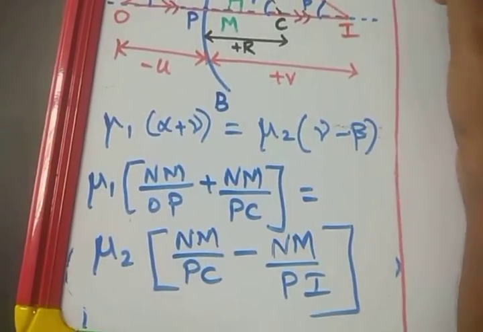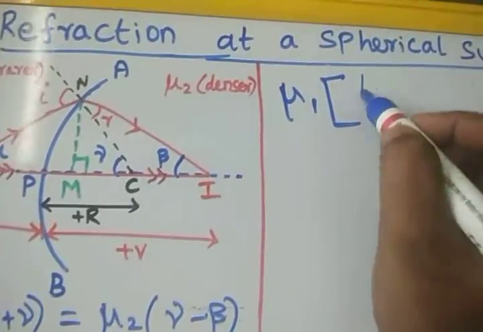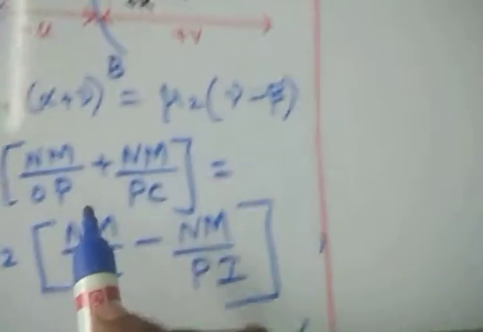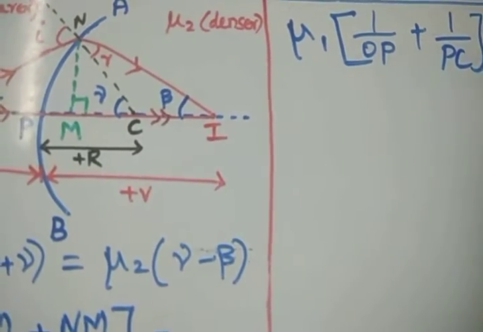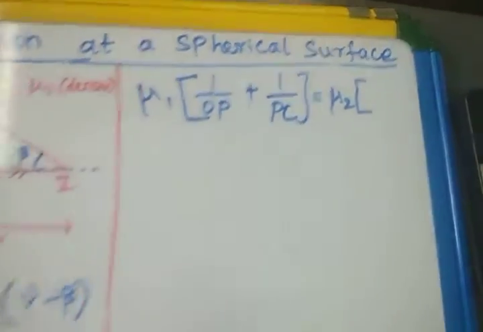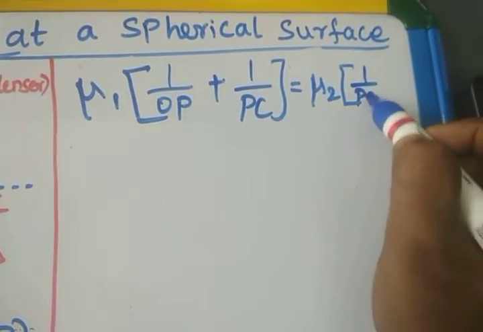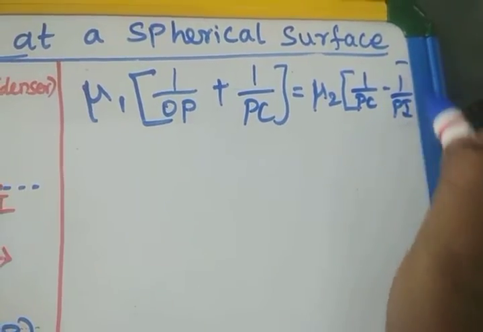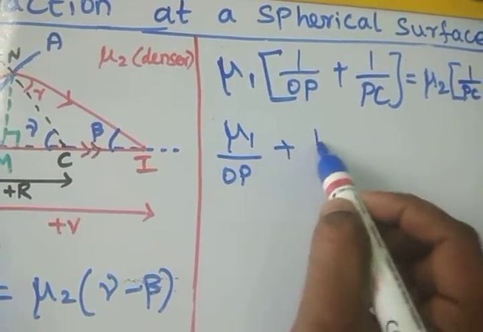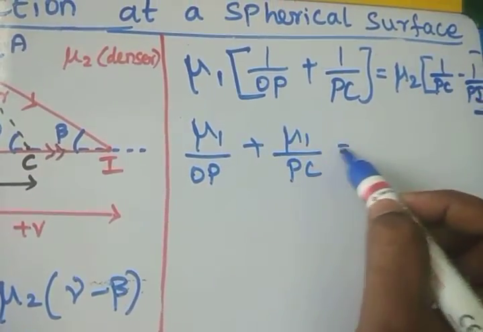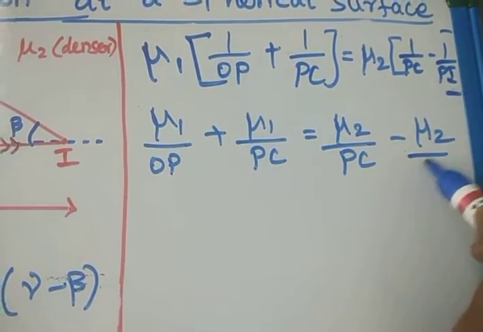So we can write mu1 into 1 by OP plus 1 by PC, which is equal to mu2 into 1 by PC minus 1 by Pi. Now you substitute this one: mu1 by OP plus mu1 by PC is equal to mu2 by PC minus mu2 by Pi.